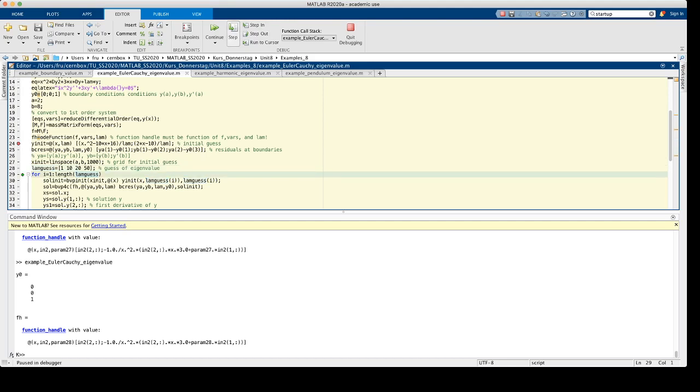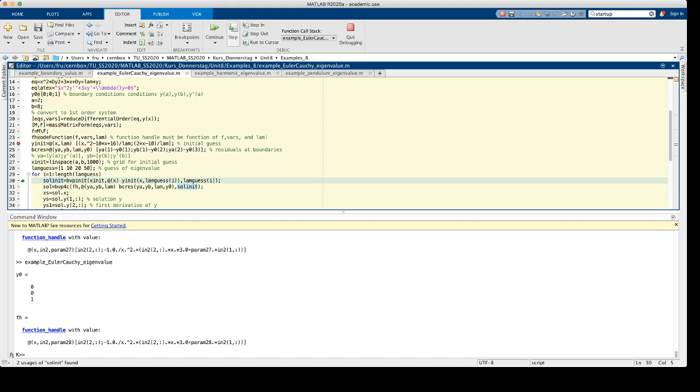We loop over these guesses. We create the structure sol_init by invoking the function bvp_init. And in contrast to last time, this now also has a third argument, which is just the current guess of lambda.